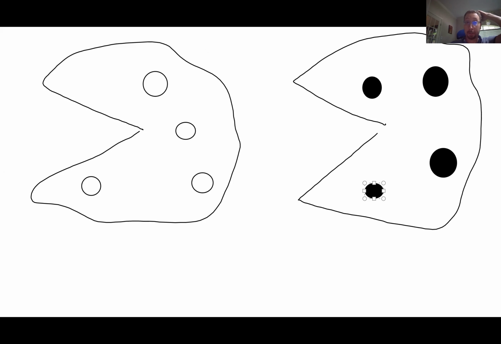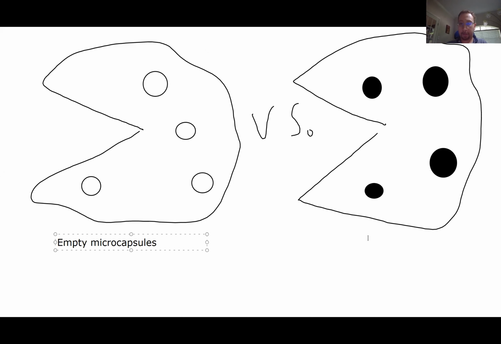Okay, so basically the comparison should be this versus that. So in this case, on the left side, I have empty microcapsules, and on the right side, I have microcapsules with healing agents.